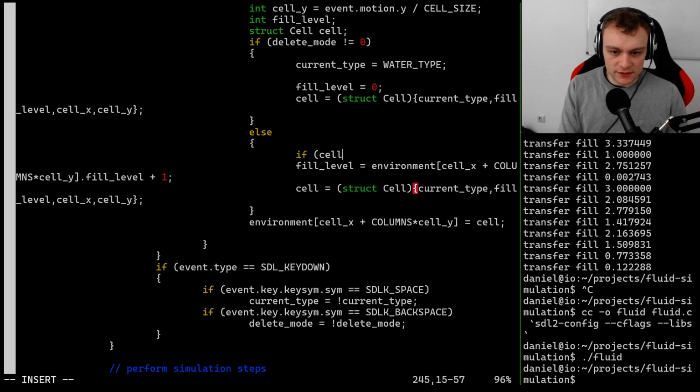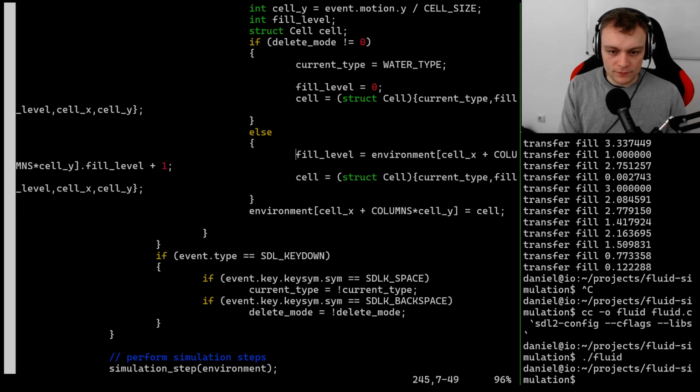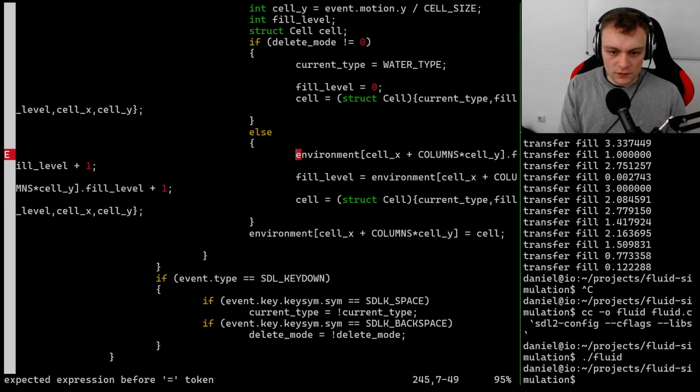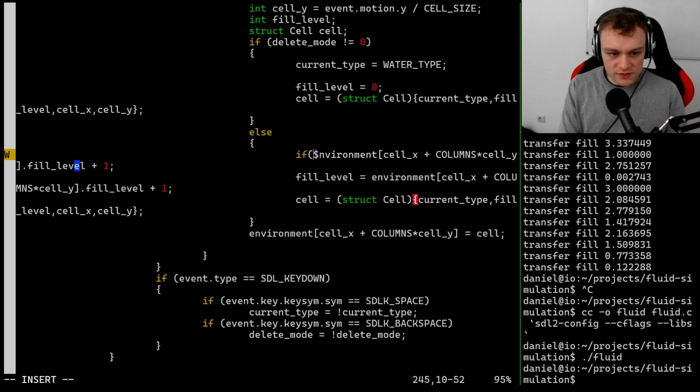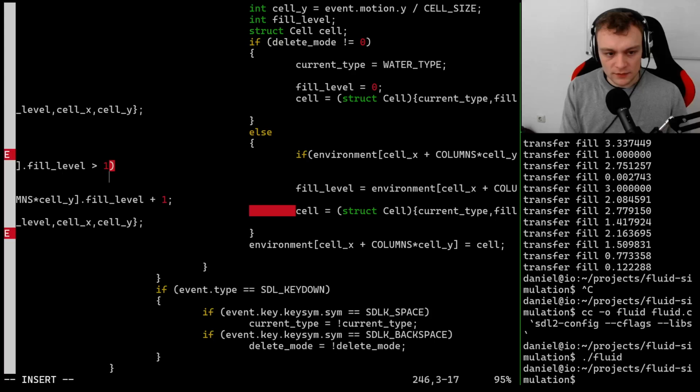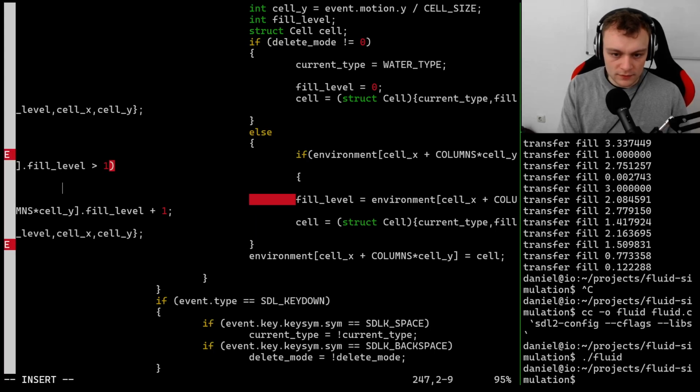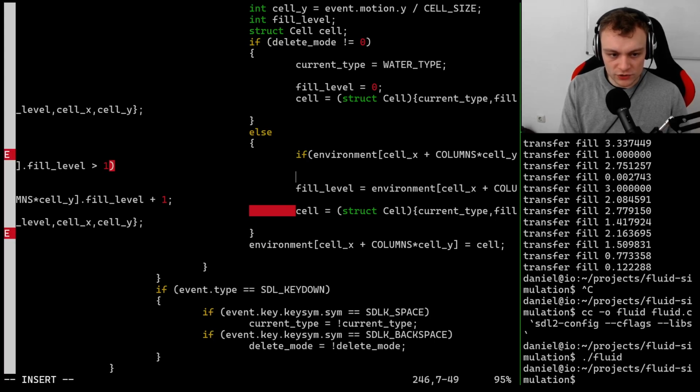If a cell, so if the current cell's fill level is already bigger than 1, then don't increment it too much.